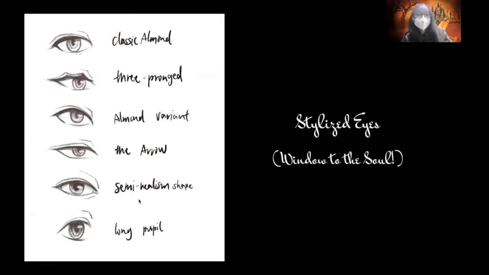And this is a good demonstration of shape language. For example, you look at shapes like the classic almond or the long pupil, it's very smooth and very round. Whereas if you look at shapes like the arrow and the three-pronged, there are more sharp angles and more of an edge to it.